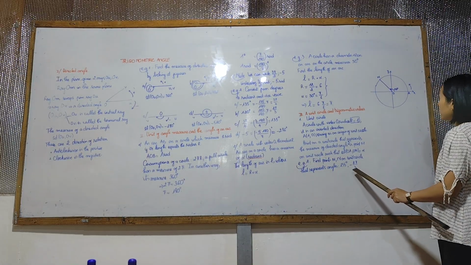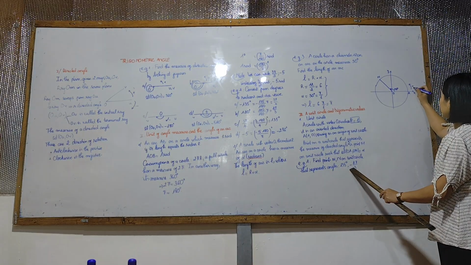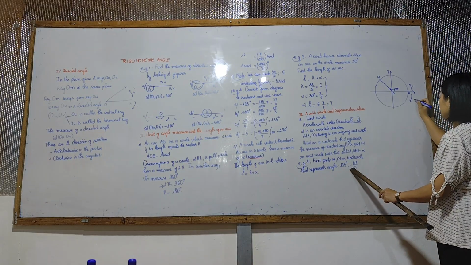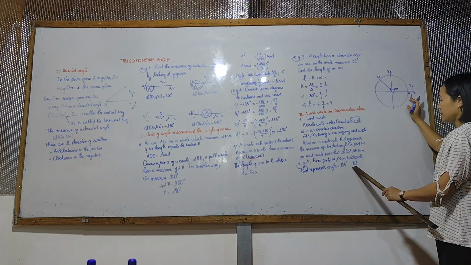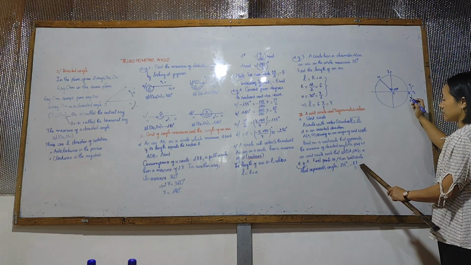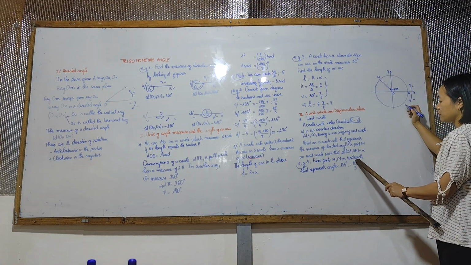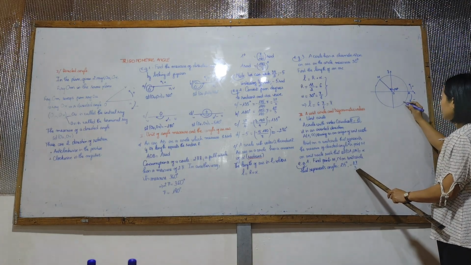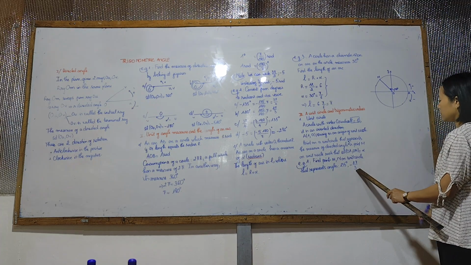In the same way, in the negative direction, we start from ray OA and we measure this directed angle, which is negative 2π over 3.